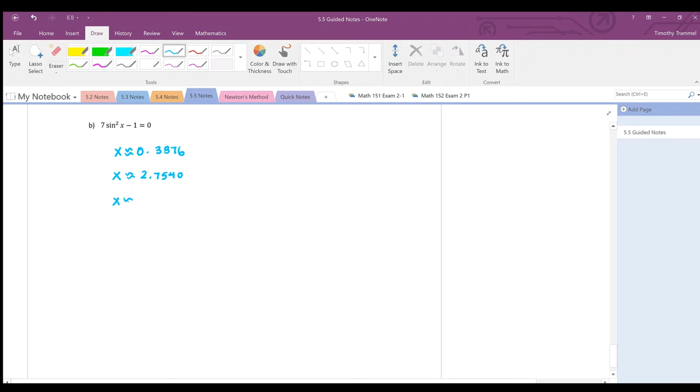And another one would be 3.5292. And the very last one on the interval from 0 to 2 pi would be 5.8956.